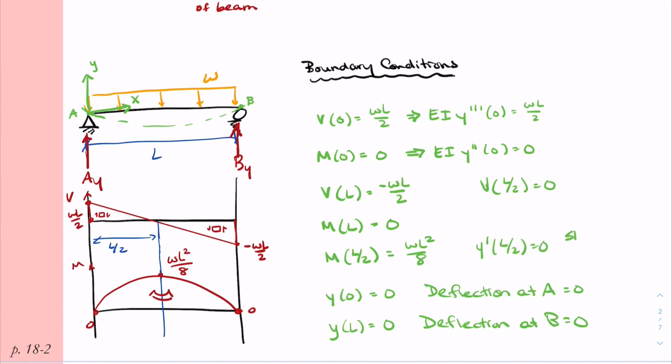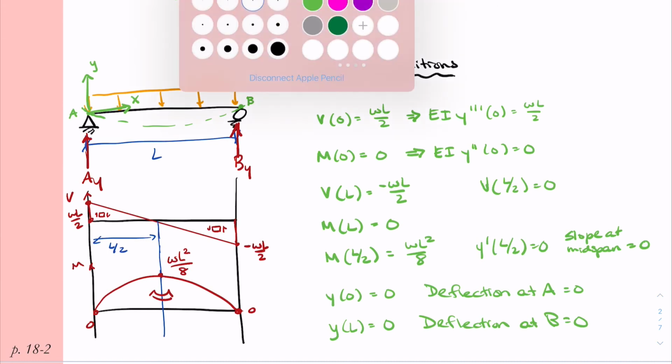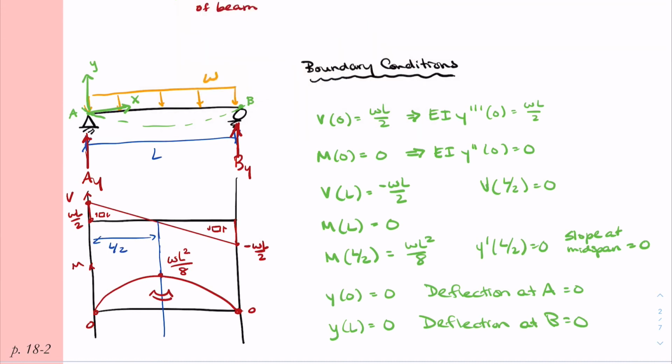The middle of the beam would experience the highest value of deflection, and therefore the slope would be 0 at that point. It would be transitioning from sloping downward to sloping back up. And so we have a case where we have the slope at midspan.